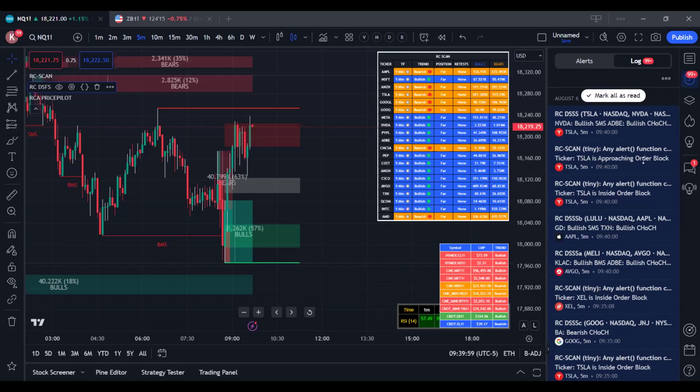It is telling that Tesla is approaching an order block. Tesla is inside the order block, so let us go to Tesla and check it.